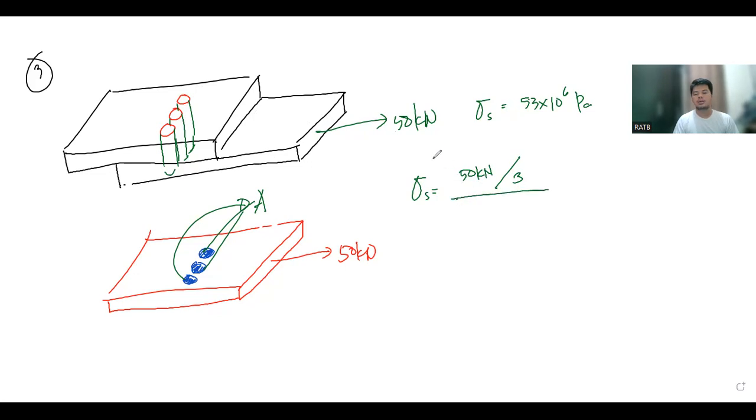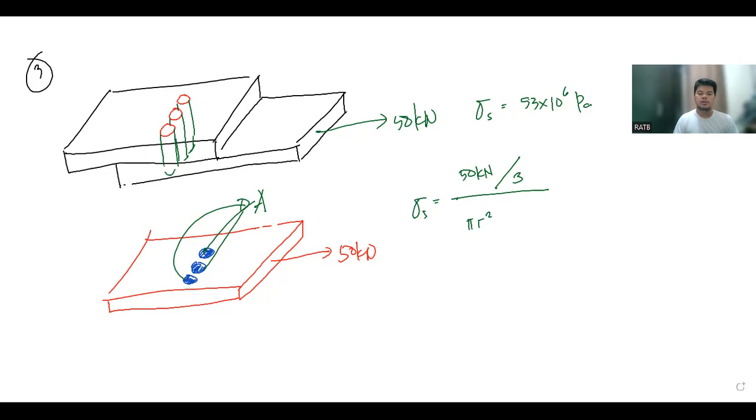The area being considered here is the area per rivet, which is the circular cross section, so that is pi r squared.